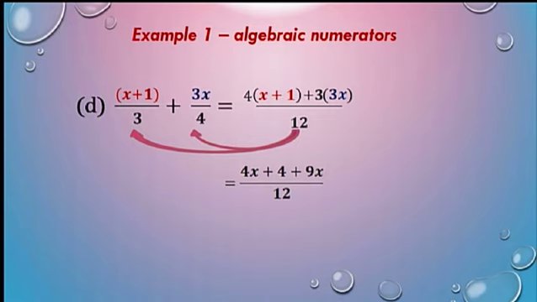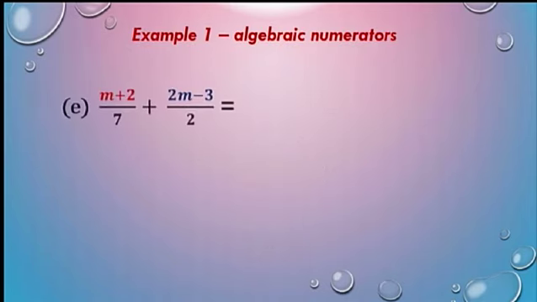Simplifying the numerator, we add the like terms, that is 4x plus 9x, which is 13x. Then we are left with plus 4. We cannot add 13x with 4 because these are two different terms. Remember that you learned this in grade 7 when you learned about algebra and algebraic terms.